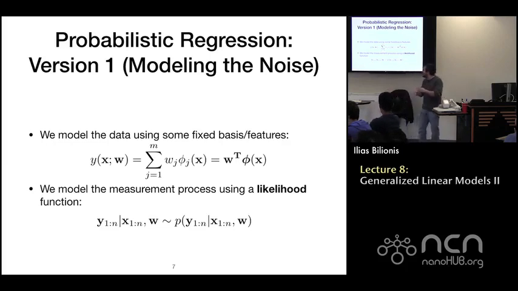So we said that we're now going to not only say something about the map between X and Y, that is the physics, for example, but we're also going to say something about the measurement. And we said this about the measurement: we have a model that tells us how likely it is to observe these Y's at these X's if the physical model had these parameters.